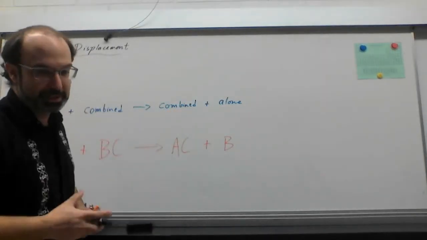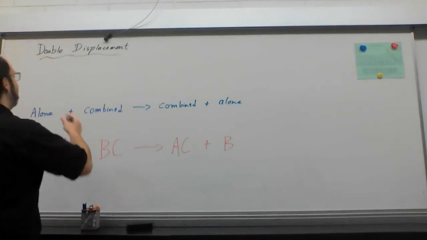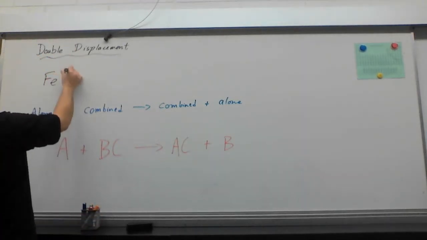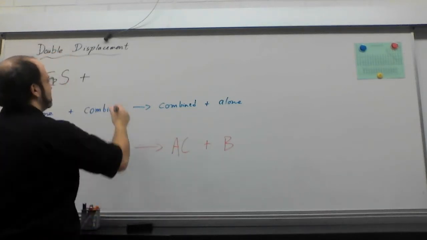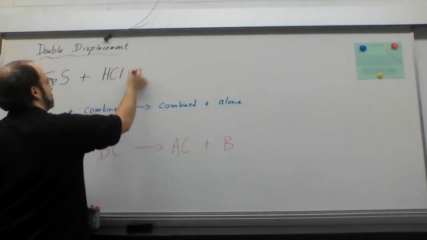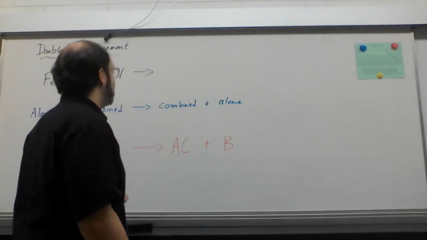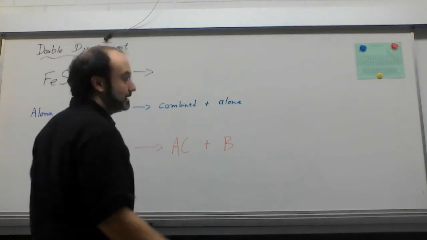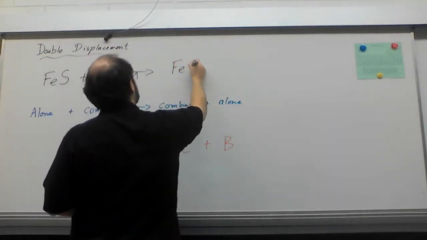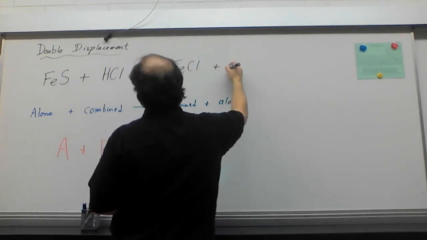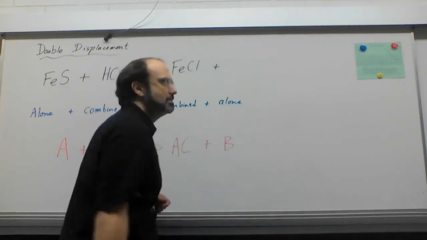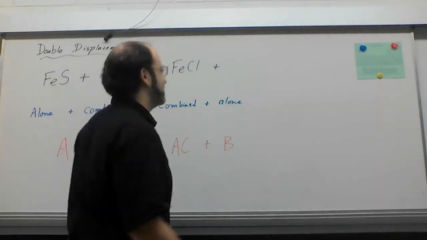So for this one, we're going to take a look at something like iron sulfide plus good old HCl again. Didn't need to erase it. And that's going to make for me some iron chloride and some hydrogen sulfide, I guess?